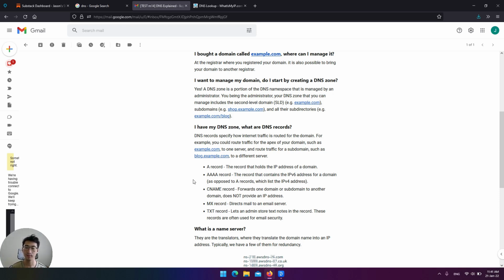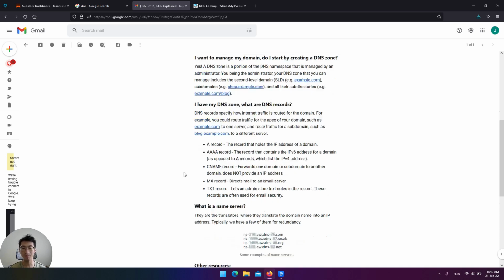And for CNAME, it forwards one domain or subdomain to another domain. For MX records, mainly for email servers, and for TXT records, it contains a short text frequently used for email security or other authentication methods.